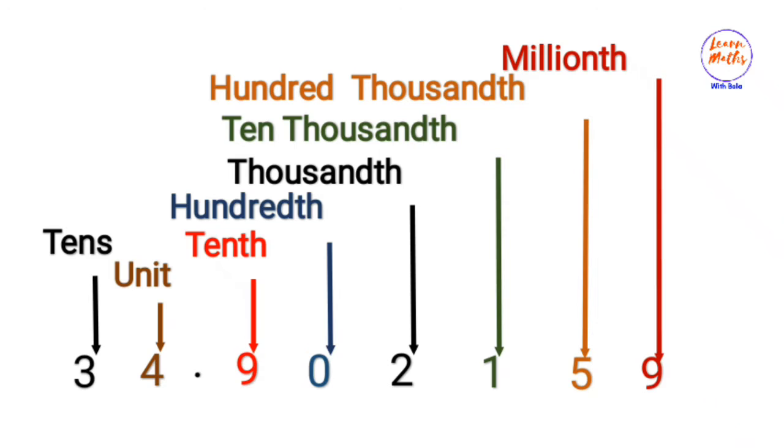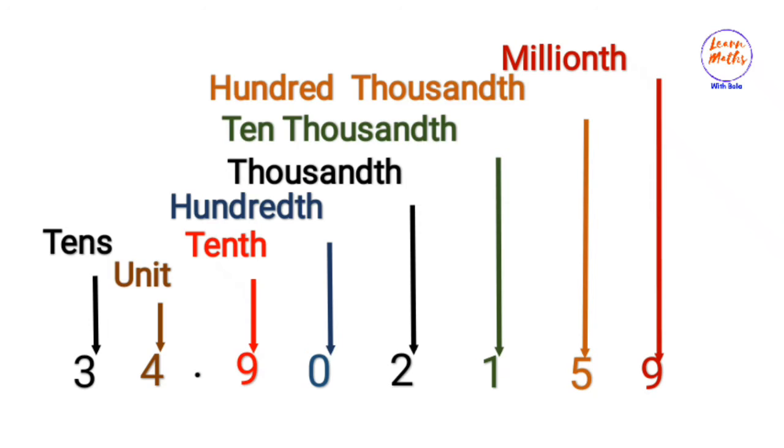If I move the decimal from between 4 and 9 to between 9 and 0, the position of 9 changes. 9 is no longer tenths, it becomes units. So you must first be able to identify the position of the decimal.